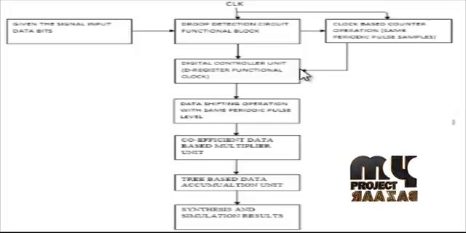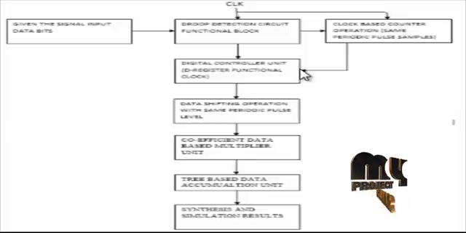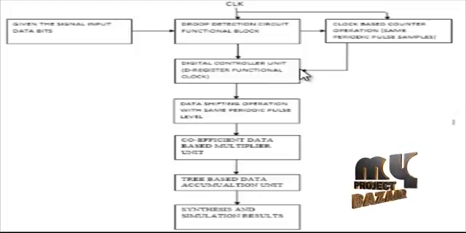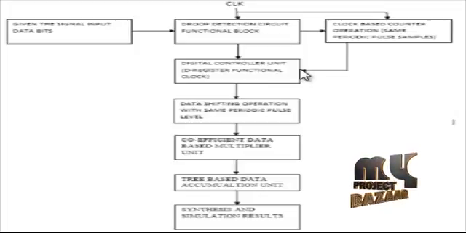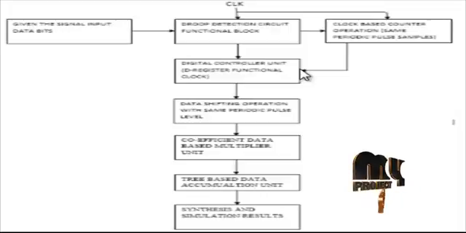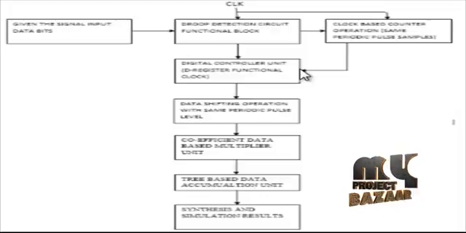First, we apply the input data signal, data bits and clock signal for control purposes for the overall FIR filter architecture. Then we develop the trough detection circuit functional block. This block is used to identify the minimum energy tracking for the overall architecture and to activate the clock based counter operations at the same periodic pulse samples.